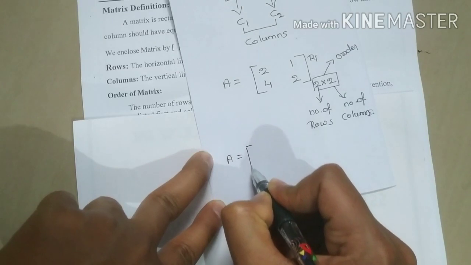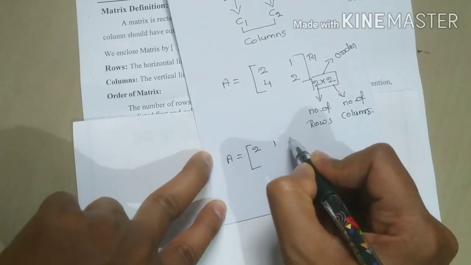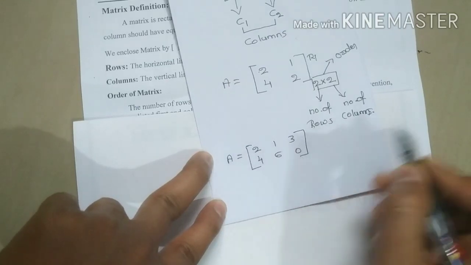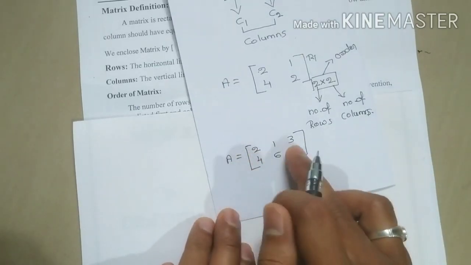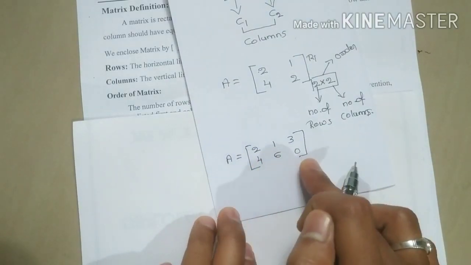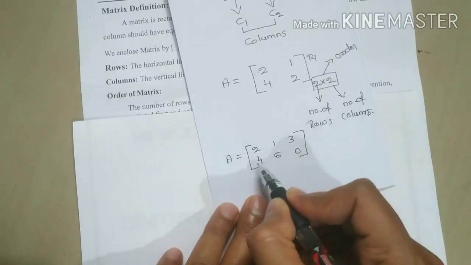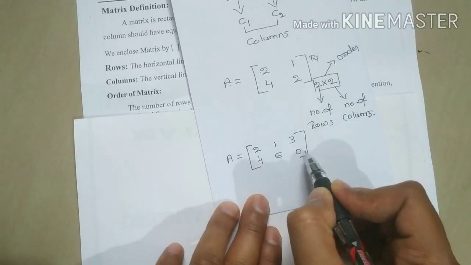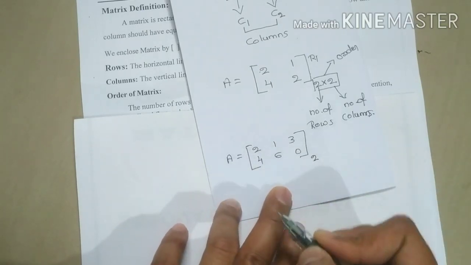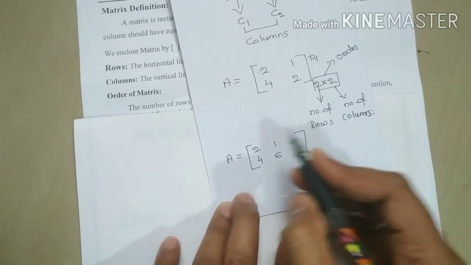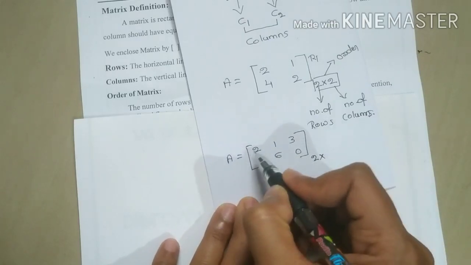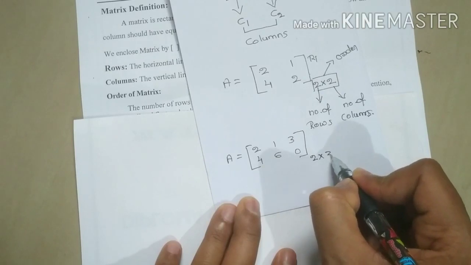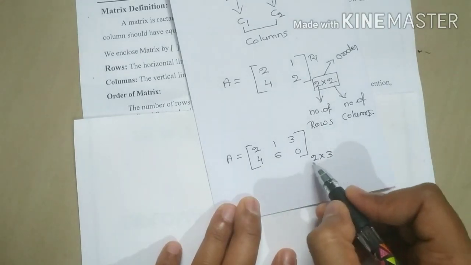Suppose I write A is equal to the matrix 2 1 3 4 6 0. In this, how many rows are there? 2 rows are there. This is the first row, this is the second row. Cross, how many columns are there? 3 columns are there: first column, second column, third column. So it is 2 cross 3.